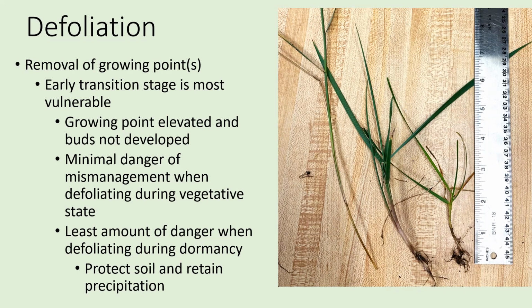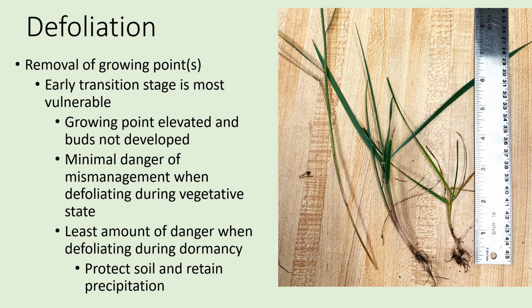If you remove those, that part can no longer grow. If you have just the leaf and you cut the leaf in half, that leaf can continue to grow. Same with the apical meristem: if you remove that, then that tiller can never regrow. That tiller is going to die, and the plant is going to have to produce a new tiller by using the buds at the crown.